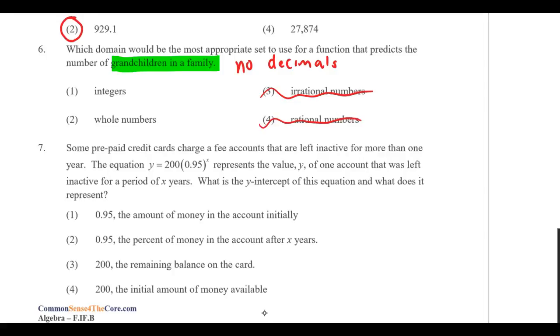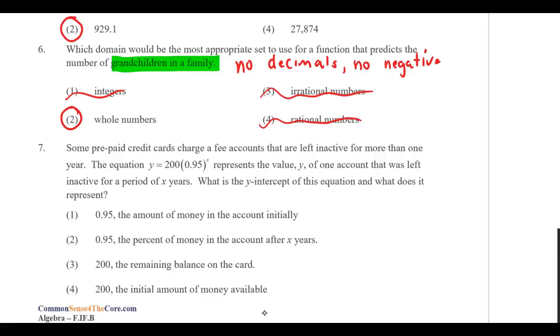And more specifically, the difference between integers and whole numbers, I cannot have negative numbers. I'm not allowed to have any negative numbers because you can't have -3 grandchildren, which means the integers are eliminated. They contain negative numbers. The whole numbers would be my right answer.